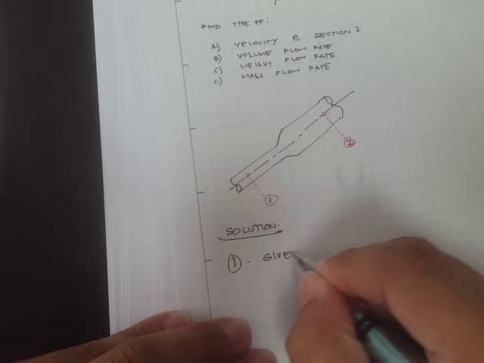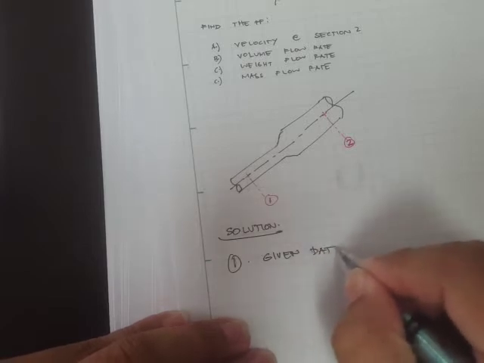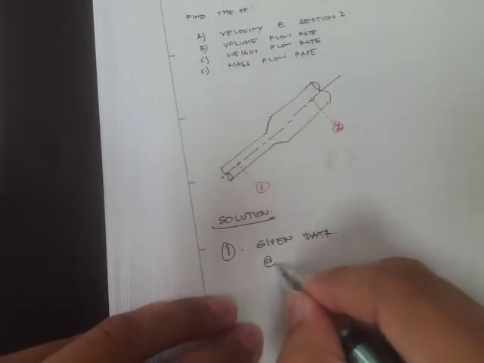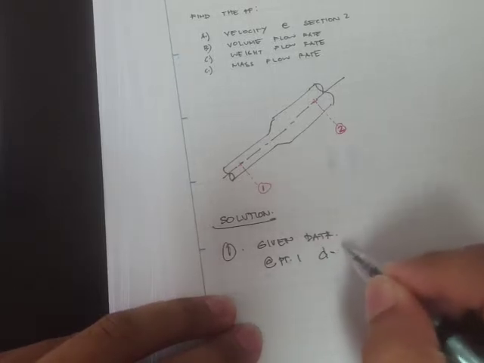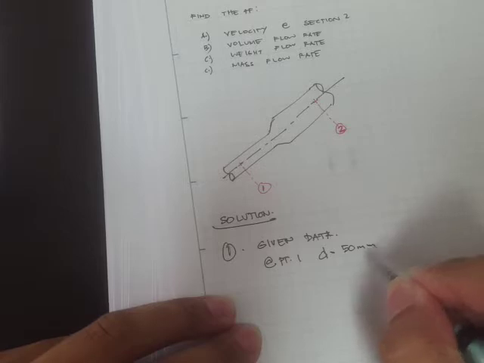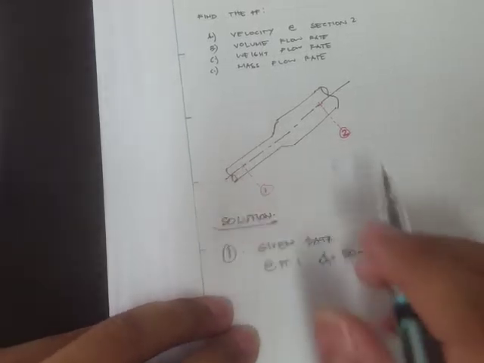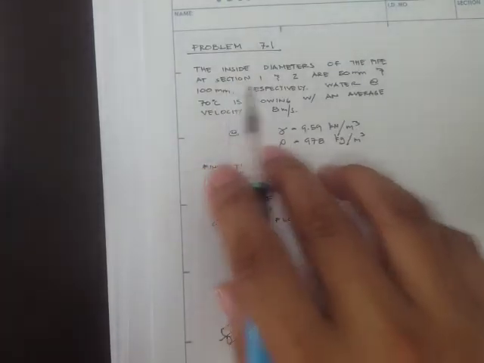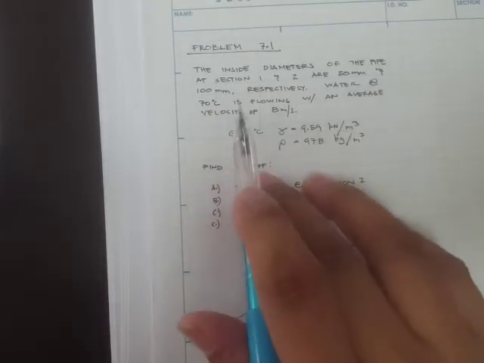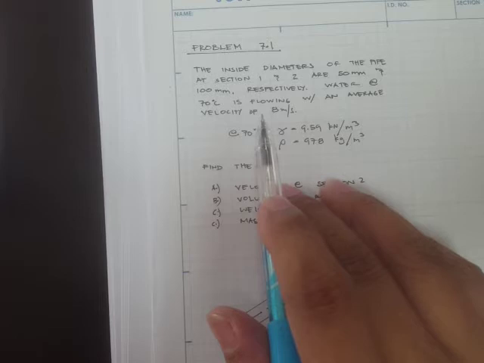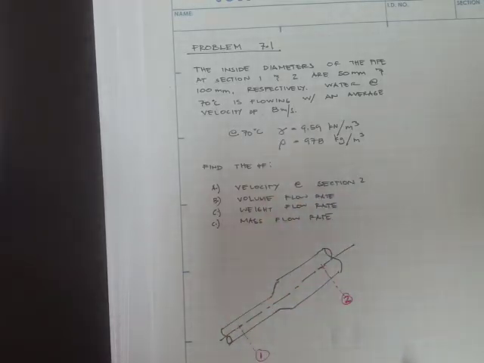So for our given data, at point 1 the diameter is equal to 50 mm, and water at 70 degrees is flowing with an average velocity of 8 meters per second.